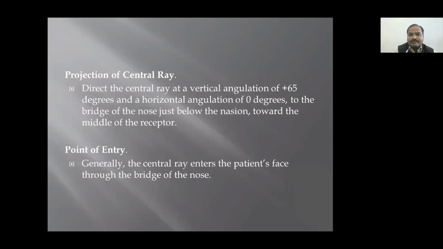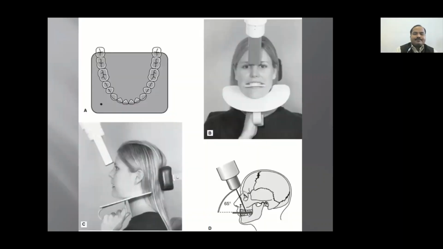The point of entry will be on the patient's face at the bridge of the nose. So it will be at a level higher than the anterior maxillary projection.